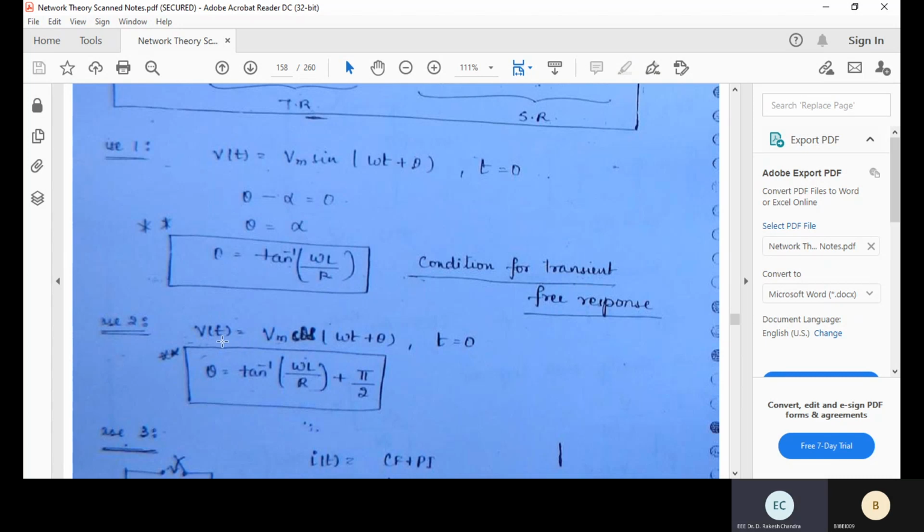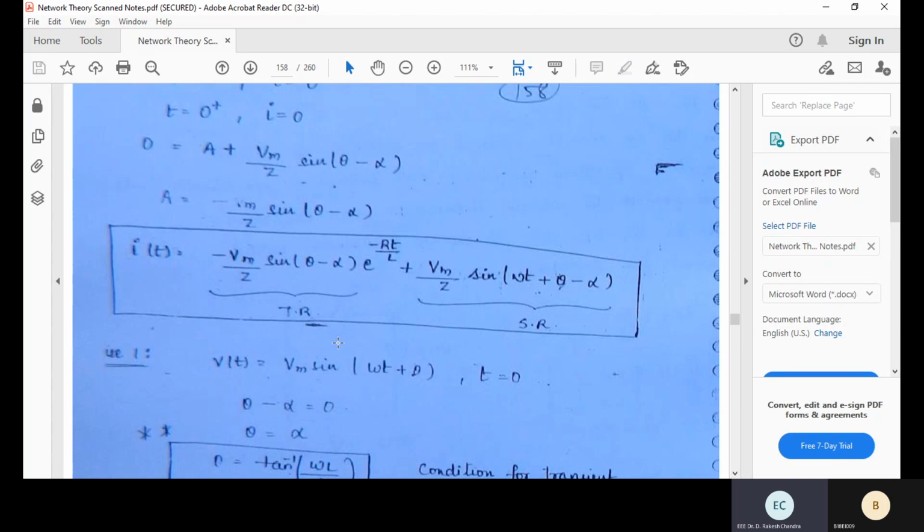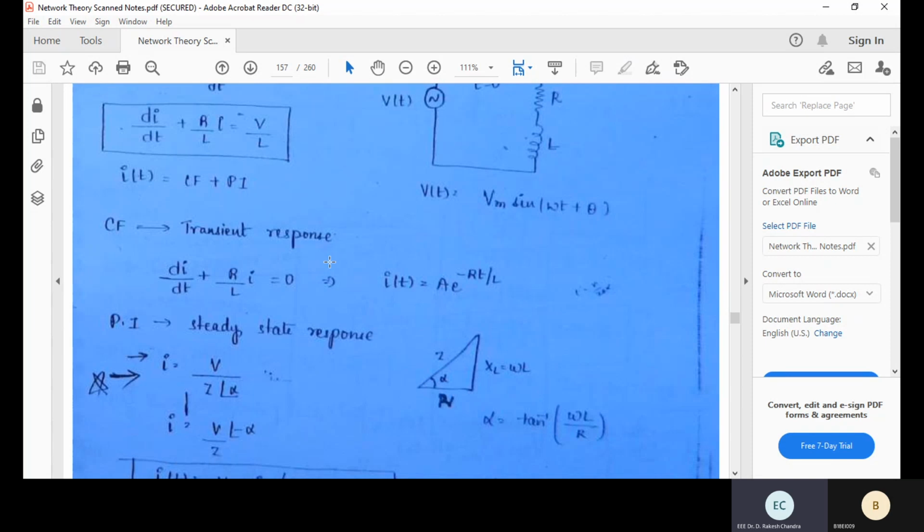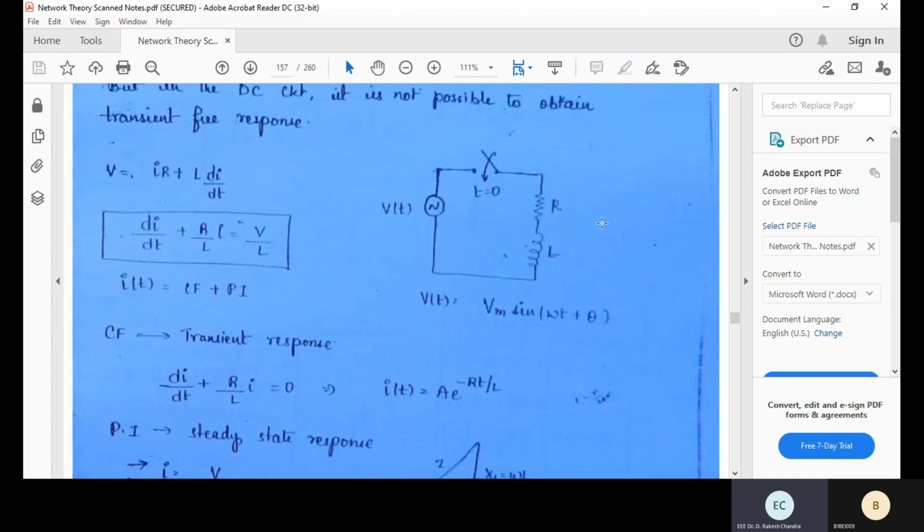Next, in case 2, v(t) = Vm cos(ωt + θ). Instead of sine, we have a cos component here.